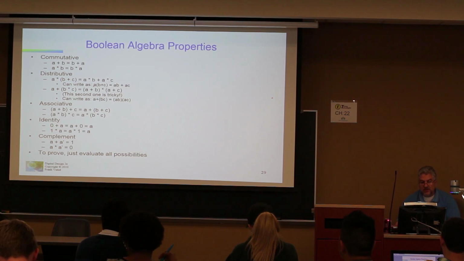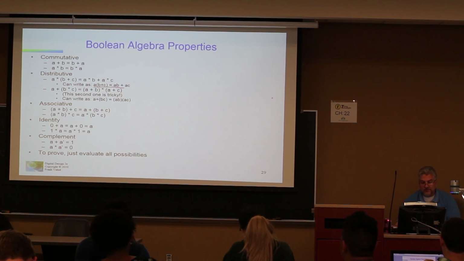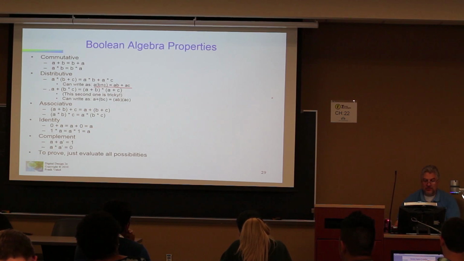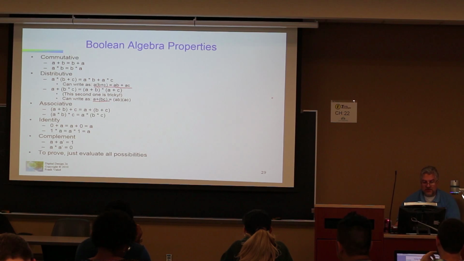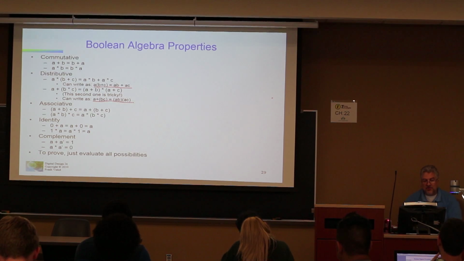So this is the way we really like to write it. Now comes this one: A or (B and C) is the same thing as (A or B) and (A or C). And this is the way you could write this. I like this. This is tricky. All you have to do is remember these properties, commutative, distributive.